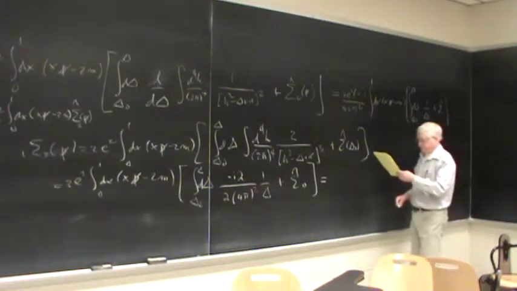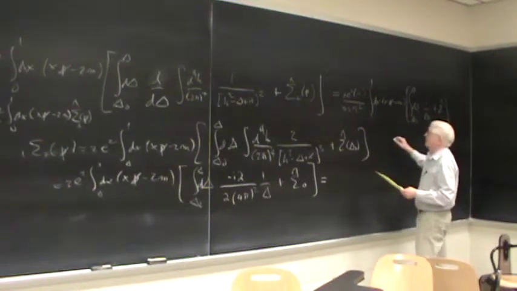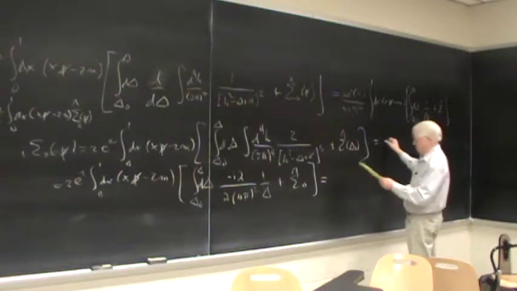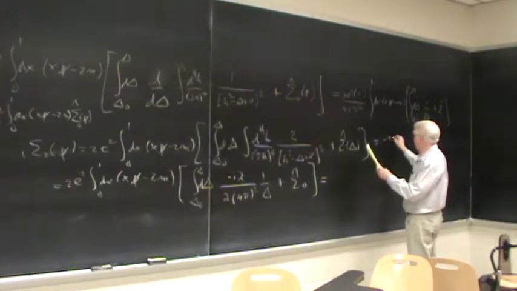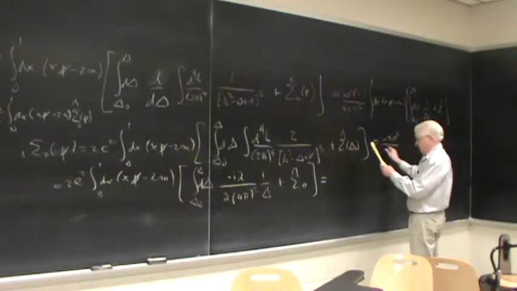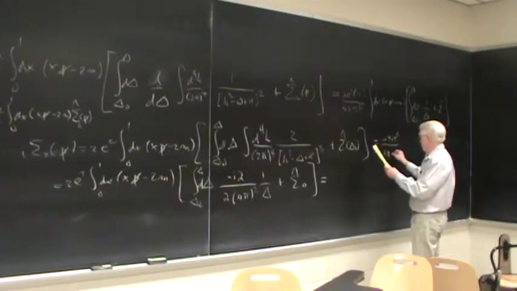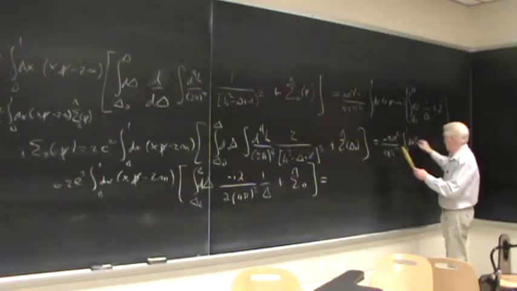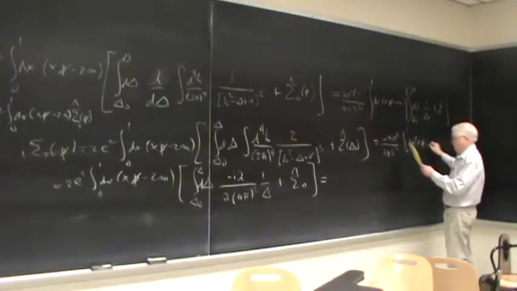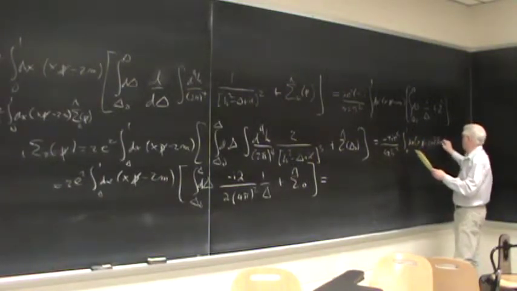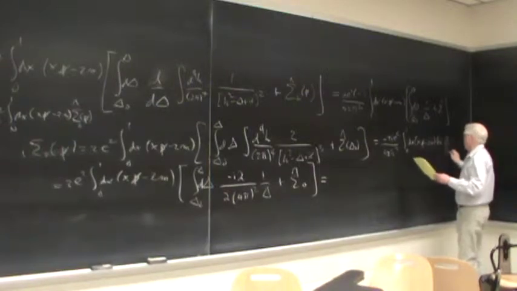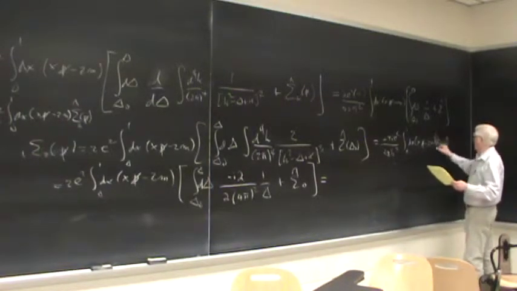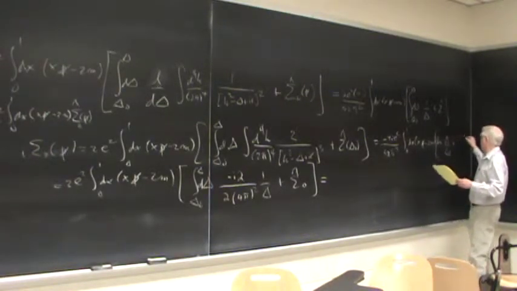And this is then log, so this thing is minus 4i e squared over 32 pi squared, 0 to 1 dx x p-slash minus 2m log delta over delta 0, I guess I should say plus sigma hat 0.